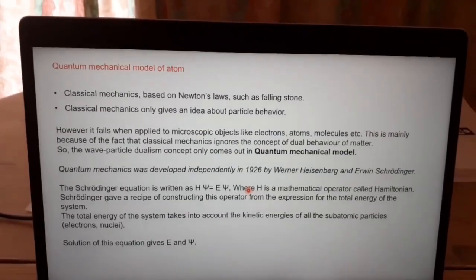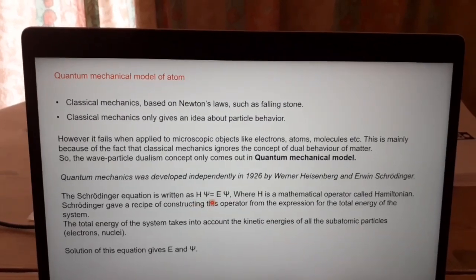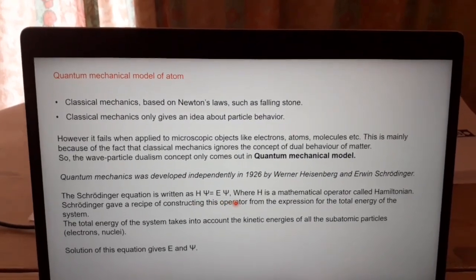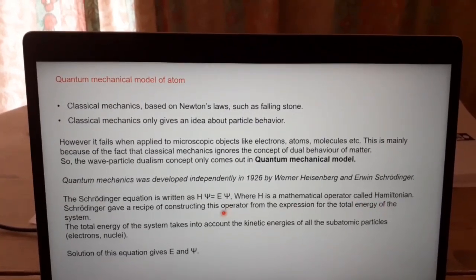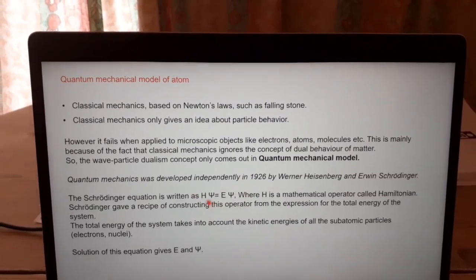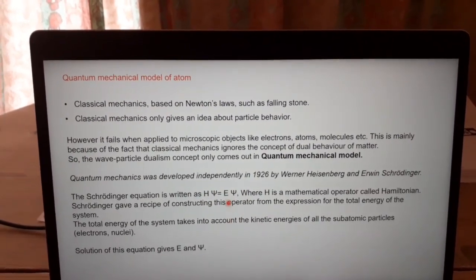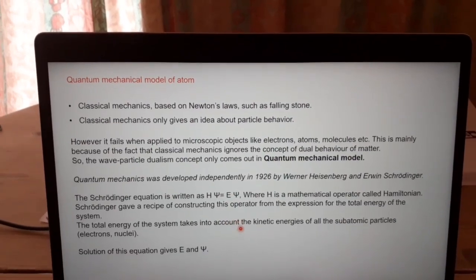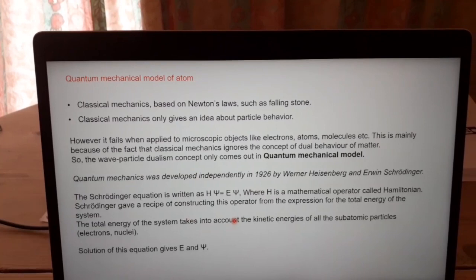Schrödinger gave an equation, H psi equals E psi, where H is the mathematical operator called the Hamiltonian operator. By solving this equation, you can find different energies E1, E2, E3, like En, the nth energy state of each electronic level.